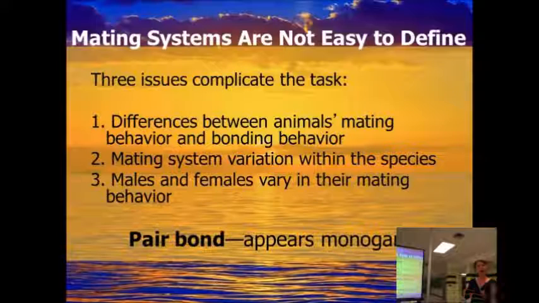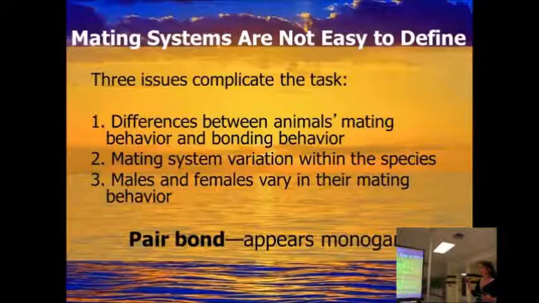Who you have sex with is not necessarily who you are going to remain in a paired relationship with. Mating systems also have variation within the species. There can be a couple of different ways that the organisms mate with one another. And then sometimes males and females vary in their mating behavior.